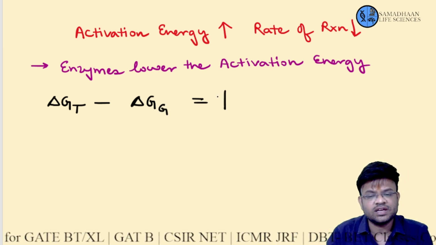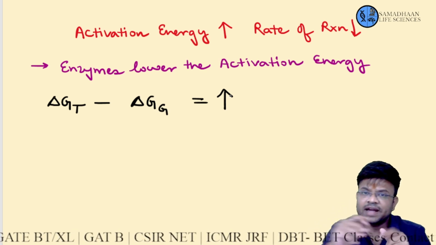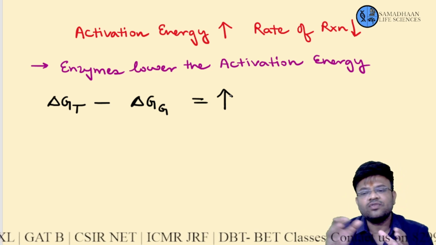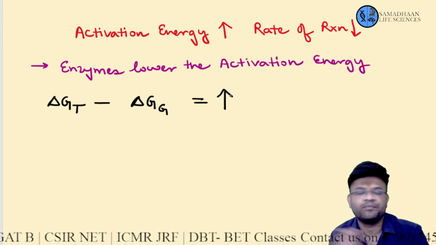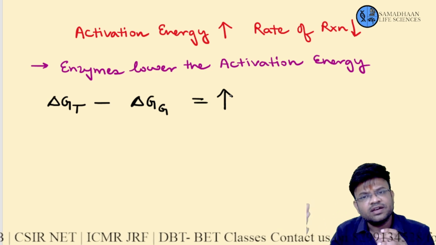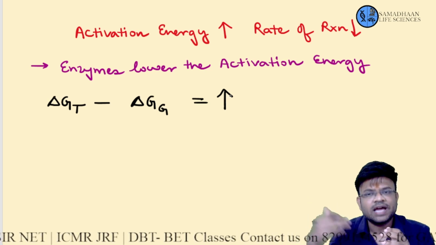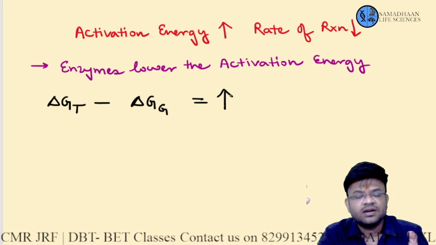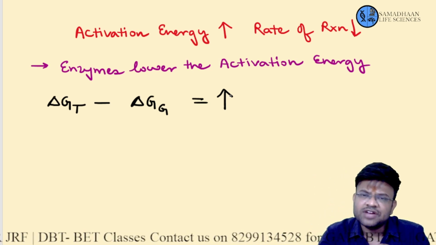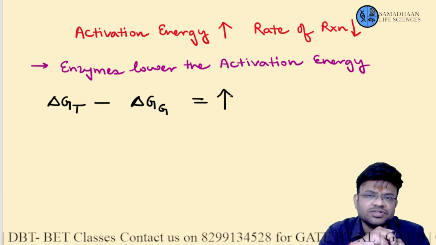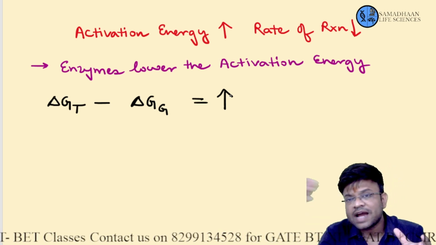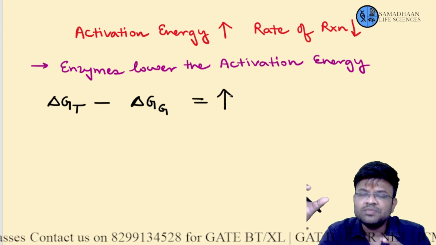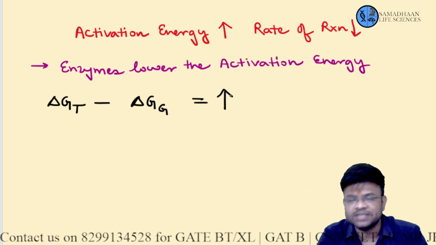When the activation energy is extremely high, the rate of the reaction will be very, very low. There are different reactions running inside the biological system. Some reactions have a very high activation energy. Some reactions have a low activation energy. When I say high activation energy, you should understand that this reaction will be going at a very slow pace.